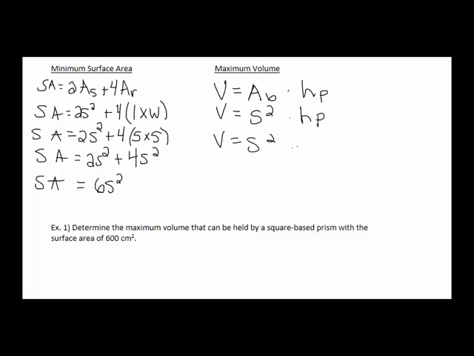Now we implement our restriction. Height is equal to side length. So let's write s instead of h, because now we can combine these two terms and only have one variable. So s squared times s is s cubed, and therefore this is our formula for the maximum volume of a square-based prism.